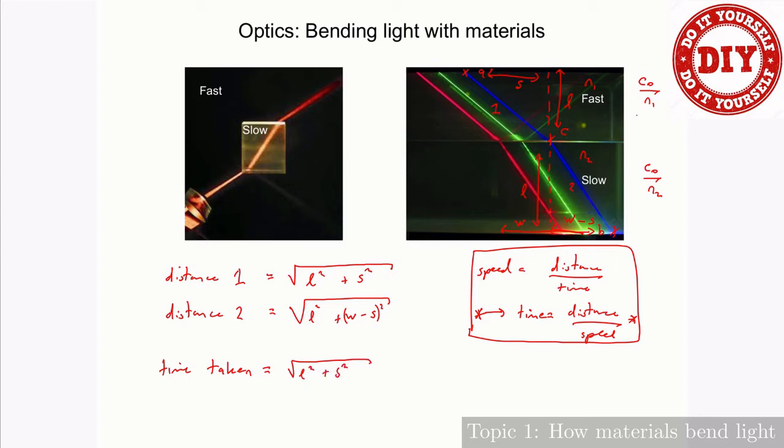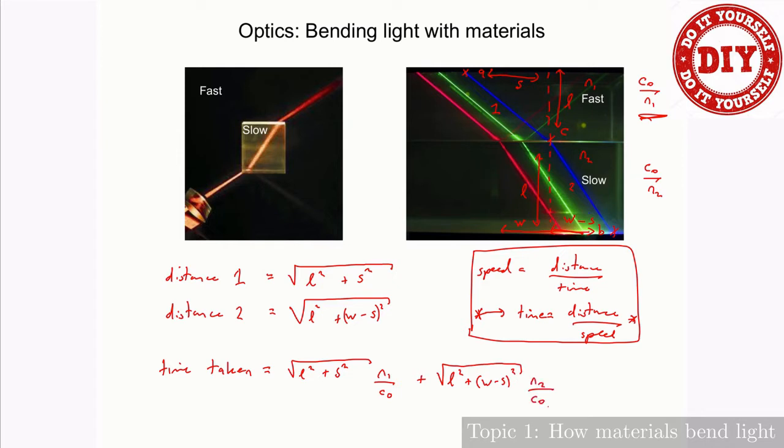The first speed we've written up here, so I multiply by N1 and divide by C0. Then the second time taken, from C to B, is the second distance divided by the second velocity, so that's the square root of L squared plus (W minus S) squared, times N2 over C0.